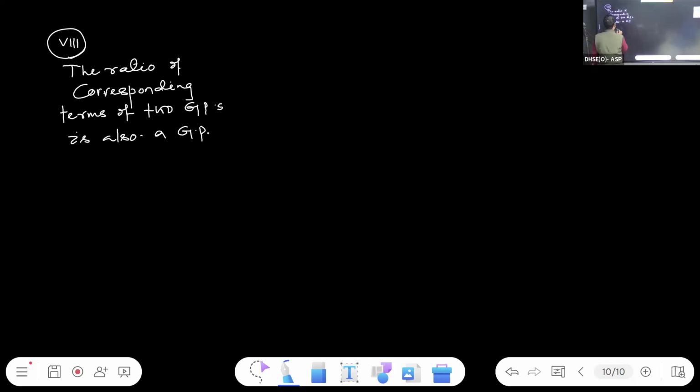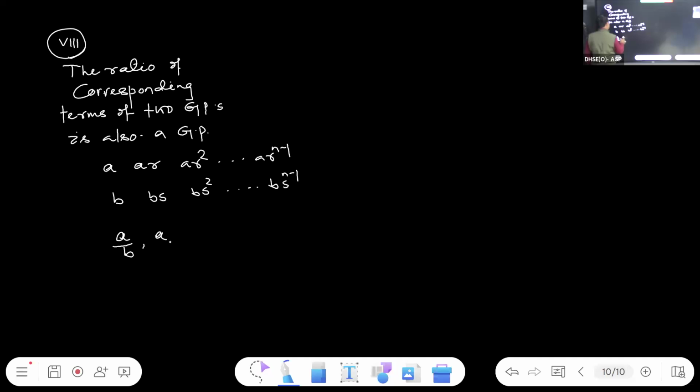Let us consider two GPs. Let first GP be a, ar, ar square up to ar to the power n minus 1. Let the second GP be b, bs, bs square up to bs to the power n minus 1. If you take the ratio of the corresponding terms, then it will be a upon b.